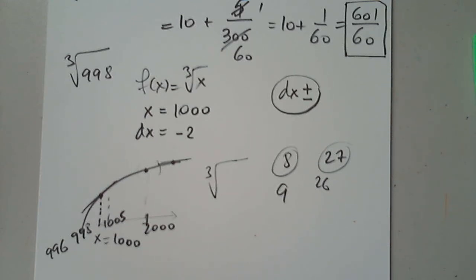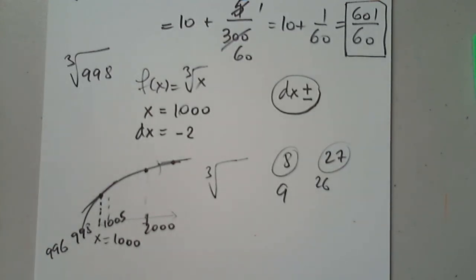The cube root of 26 is obviously 3 minus a small amount. The cube root of 28 is 3 plus a small amount. So by definition, dx is tiny.